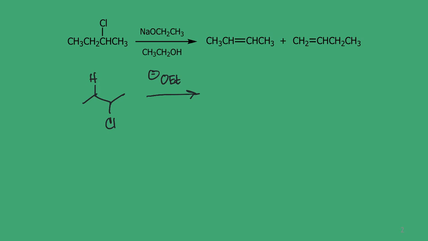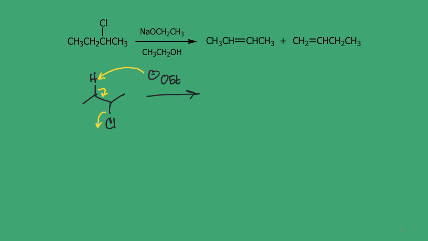And these are one-step mechanisms, so we're going to use an arrow from our base to the hydrogen to indicate that the deprotonation is occurring. The electrons in the carbon-hydrogen bond are what become the pi bond between the alpha and beta carbon in our substrate, and the chloride leaves as a chloride ion.